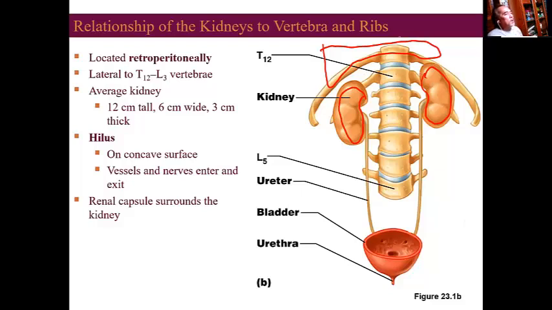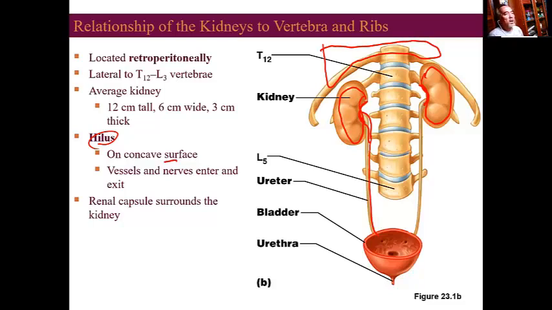Now, when you talk about the hilus, it's this concave structure that you see on the medial surface of the kidney, and the ureter is attached to that. The hilus is a concave surface, and remember, blood vessels enter and exit through the hilus, also nerves.